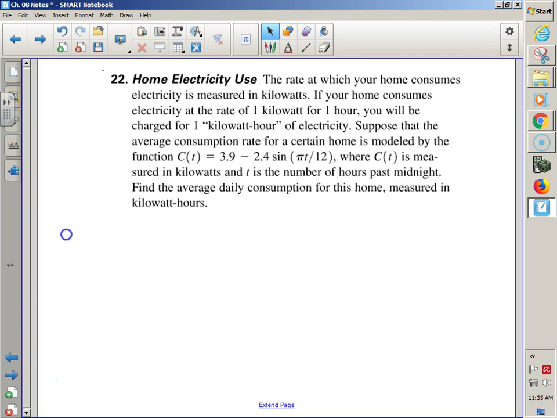Okay, how about this one? Because generally with electricity, I don't know, Edison and whatnot, when they measure, they do it per day. And so they're measuring how much you use per day.